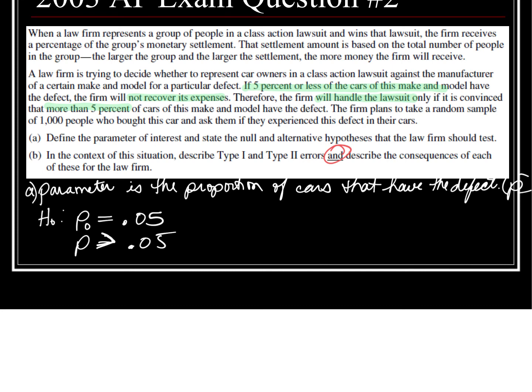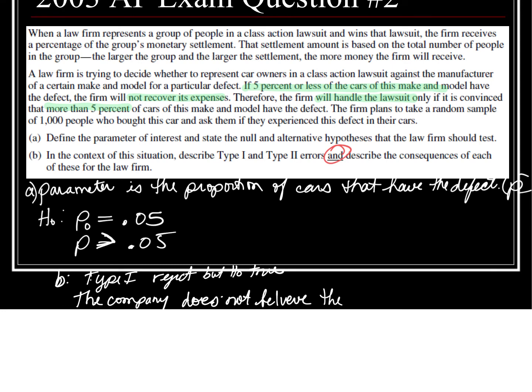So again, type 1 error, and it's important we identify these correctly. Type 1 is reject, but H0 is true. Okay, so the company does not believe the proportion is 0.05.